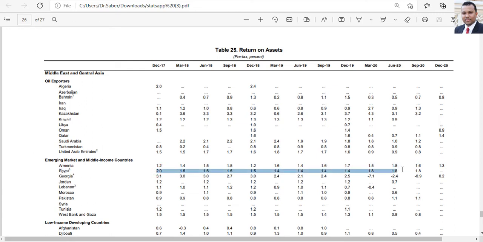We will compare the trend from the year 2017, the return on assets equal 2%, and 1.5, declined and still constant from the year 2018, and declined to 1.4 in 2019, and increased again since the year 2020.